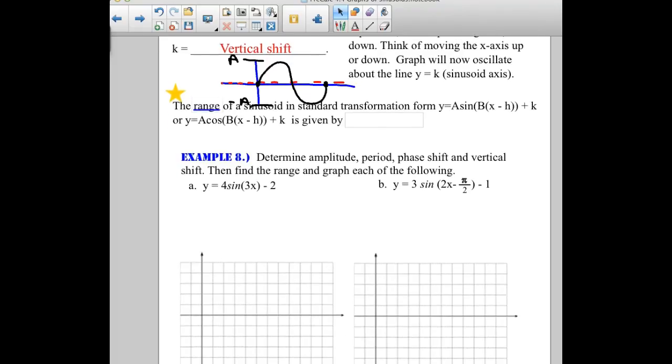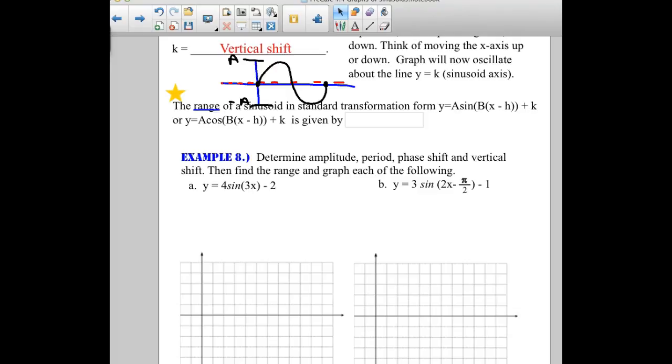So when we talk about the range of our graph, and it is important, especially when we start talking about vertical shifts, that we know what is high and what is low. It's not going to be the same value anymore. Okay, before we could say, well, we're just bouncing between 3 and negative 3. All right, now we're going to start shifting off of that 0 line, off of the x-axis, and so the range values are going to be 2 different numbers.